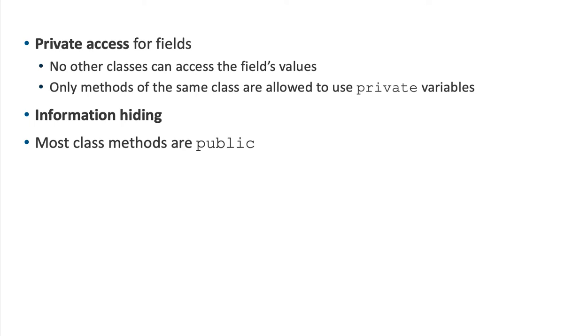The principle used in creating private access is sometimes called information hiding and is an important component of object-oriented programs. A class's private data can be changed or manipulated only by a class's own methods and not by methods that do not belong to this class. In contrast to fields, which are usually private, most class methods are public.